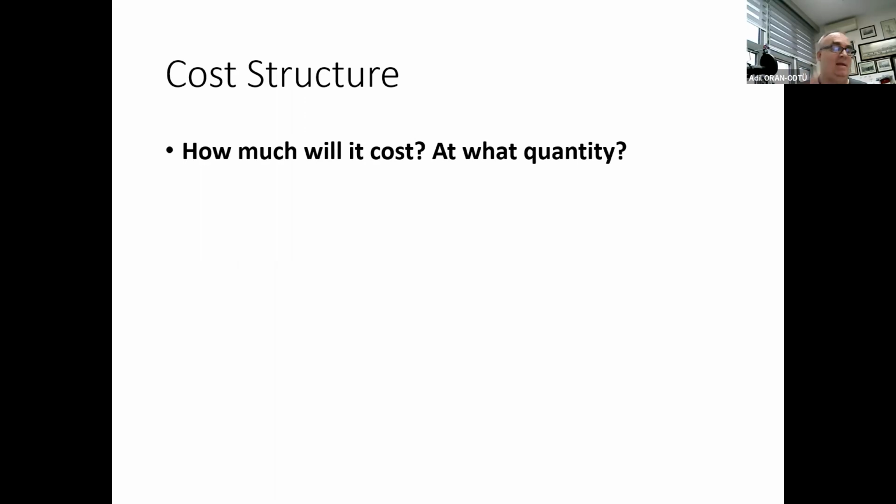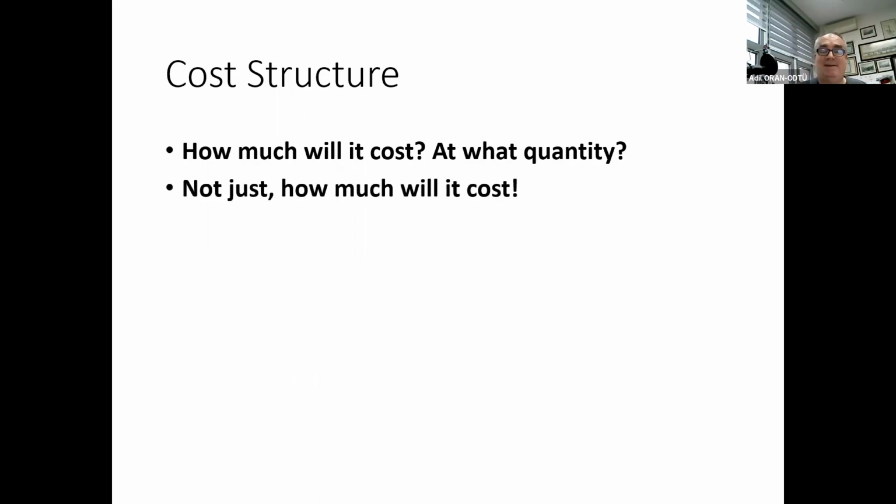So again, how much is it going to cost to make the prototype? How much is it going to cost to produce the first 10 or first 100? And then what is the cost going to be when things settle down and you start producing and selling in the thousands or tens of thousands? You should try to determine all of these.